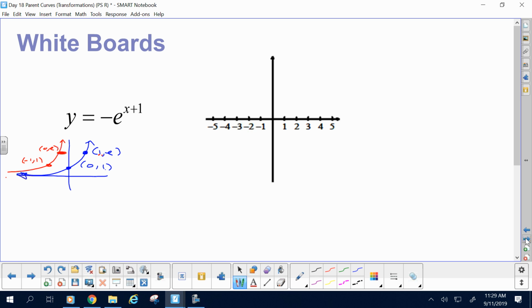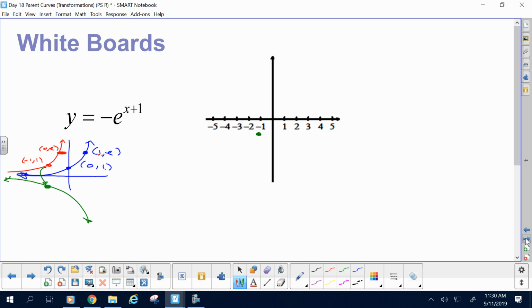So the final curve in green looks like this. So I'm going to go there, and this point, negative 1, 1, ends at that point, which is negative 1, negative 1. You should have a point at negative 1, negative 1.